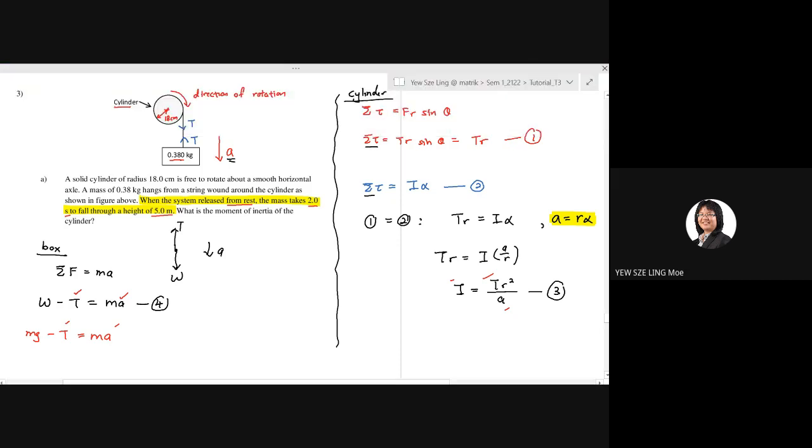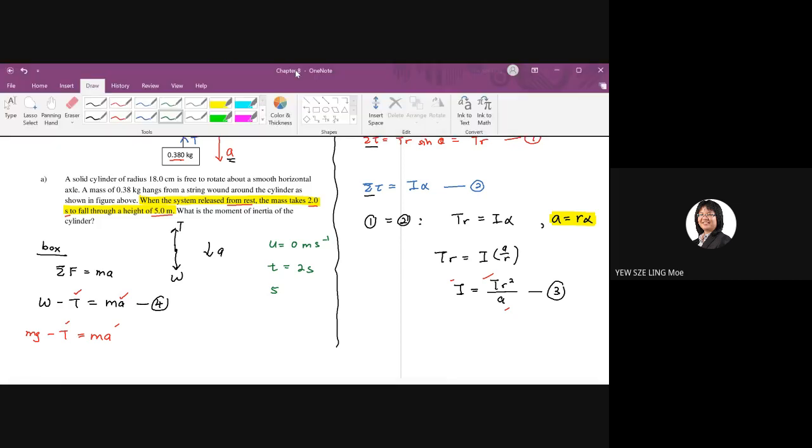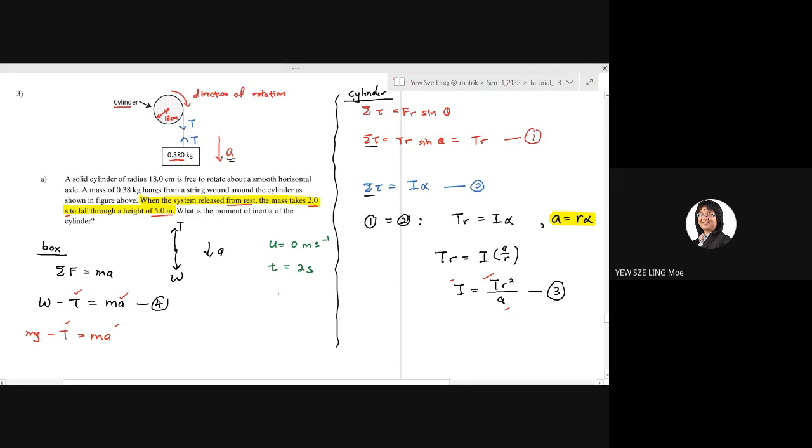So this statement gives us u equals 0 m/s, t equals 2 seconds, and the height, which is s, equals 5 meters. Now it falls 5 meters, so it is negative 5 meters, because it's dropping. The position is below the original position.